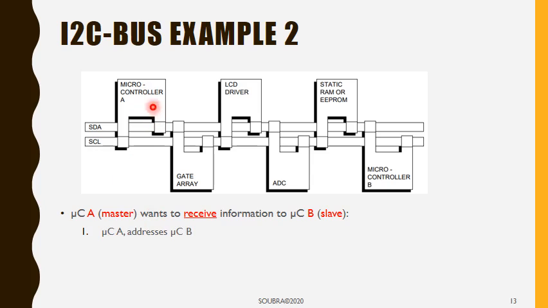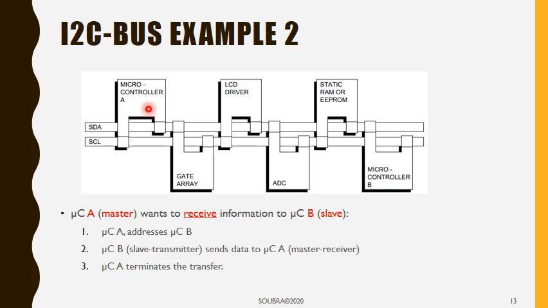So microcontroller A here will send the address, asking the microcontroller for some data. Then, and only then, the slave, microcontroller B, is able to send the data to microcontroller A, which is the master. And once I've received all the data that I need, I can terminate the transfer. Fair enough? Awesome.